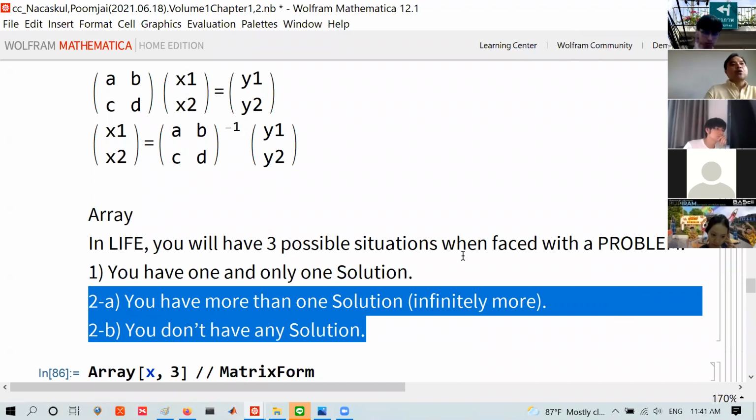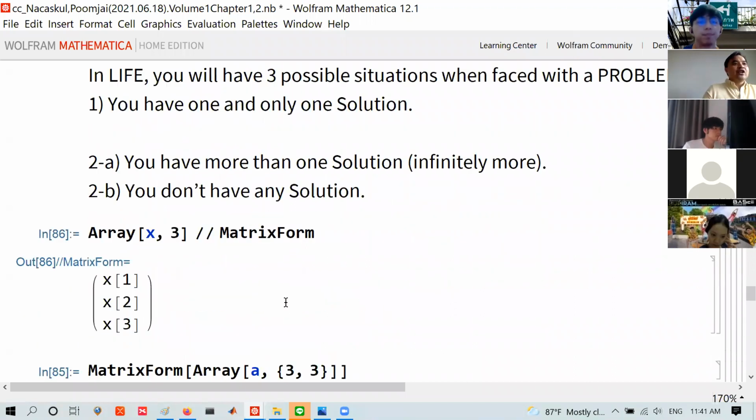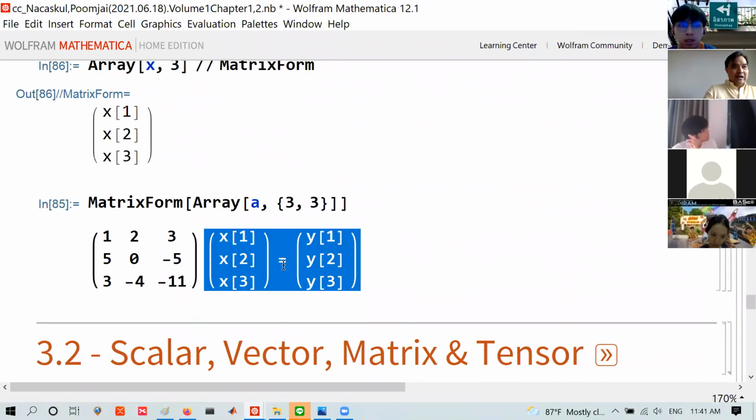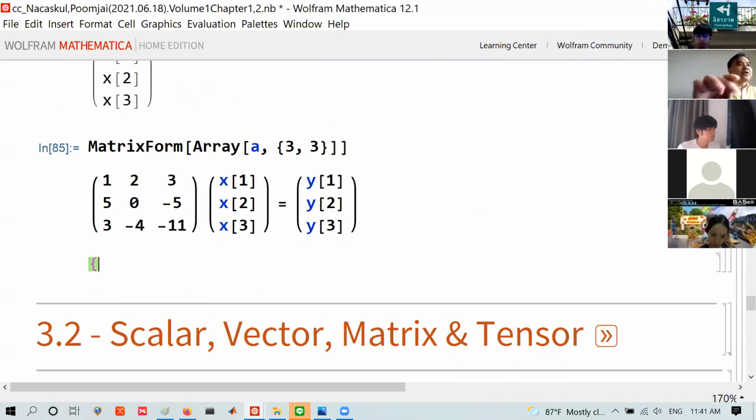Now, to say you have one solution, you have to do some kind of calculation, and that calculation is, well, first of all, I should have put this in array form. 2, 3, 5, 0, minus 5, and 3, and minus 4, and minus 11.